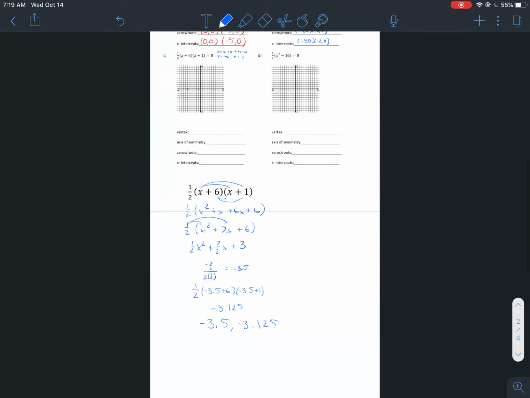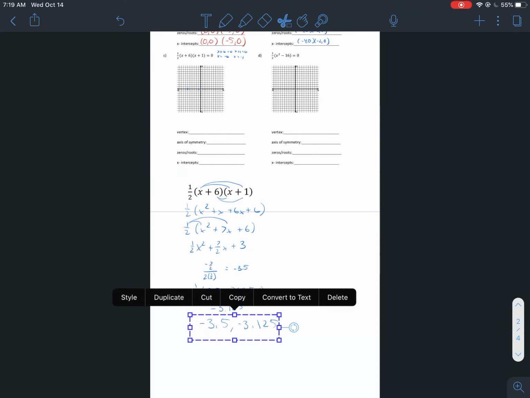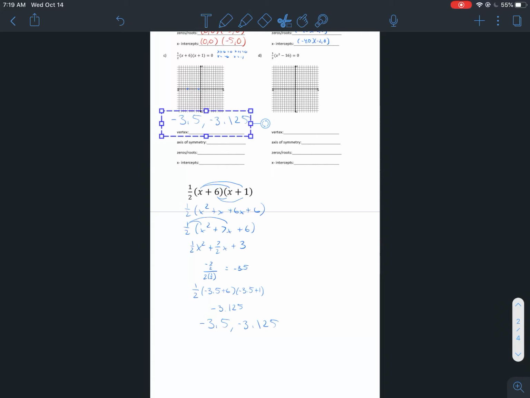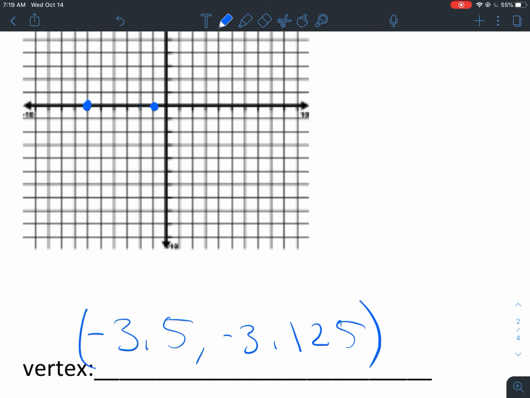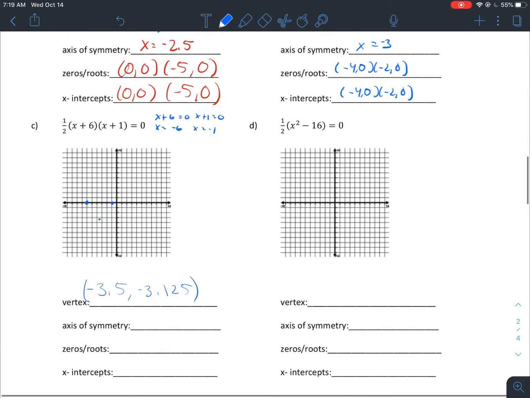So let's go ahead and graph that. I'm going to write that as my vertex here. All right, so there is our vertex.